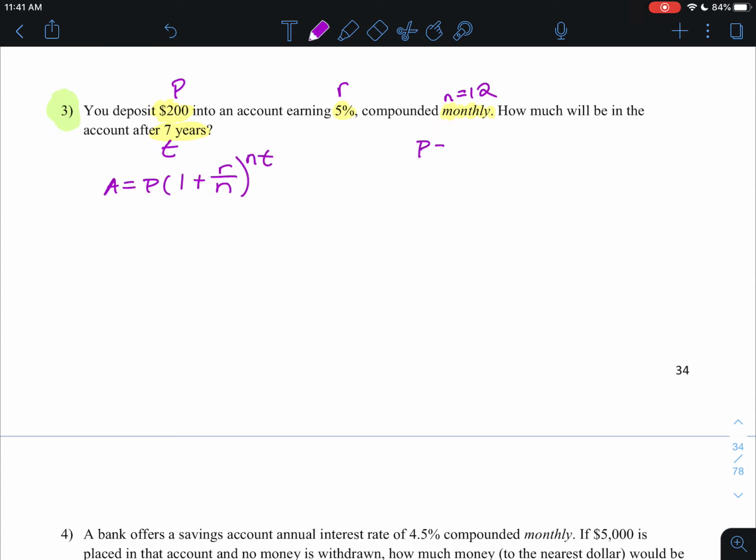So I know P is equal to $200, R is equal to 0.05, N is equal to 12, and T is equal to 7.